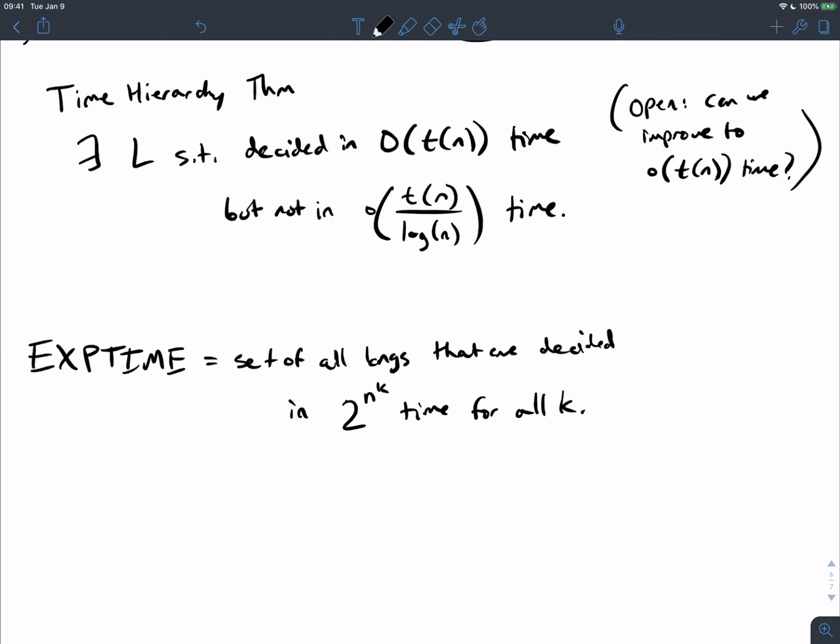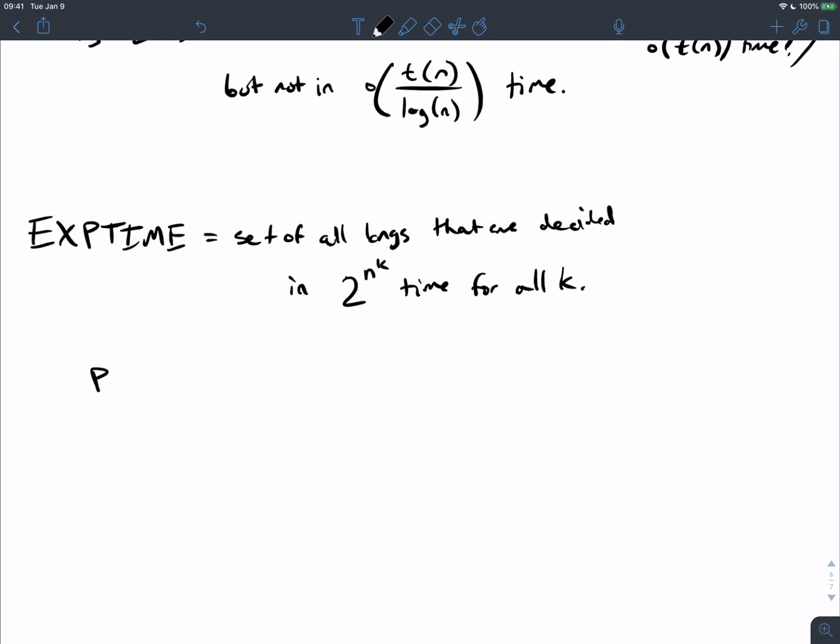So here it just means an exponential amount of time. For example, 3-SAT can be done here because we can just try all assignments, and there are only 2 to the n of them. And for that reason, it belongs to EXPTIME.